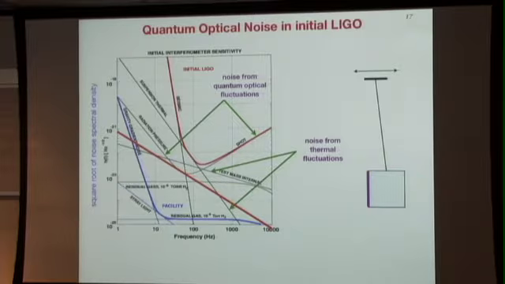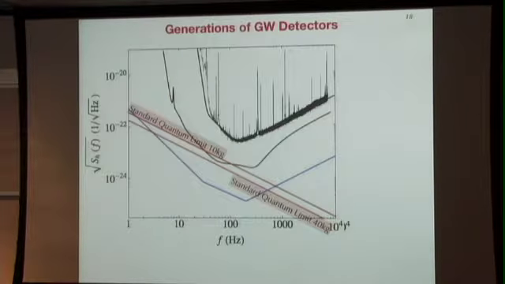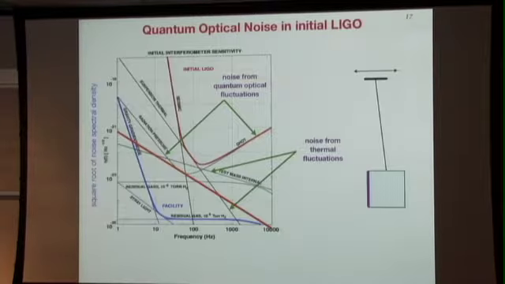I will focus on the more fundamental, optically originating noise. So now, in the second generation, the gravitational wave community will try to push down all these thermal and seismic noises.